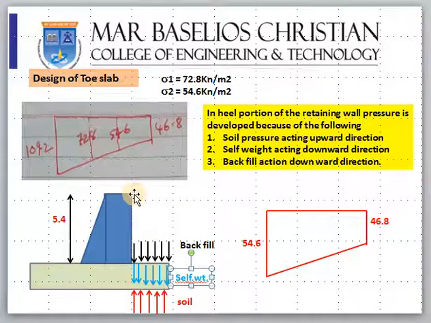In addition, there is a backfill for a height of 5.4 meter. The soil will also apply pressure on this side, with the backfill acting downward. So of these three pressures, only one is upward, and the remaining two are downward. This diagram of soil pressure is only because of the soil, which is acting upward.